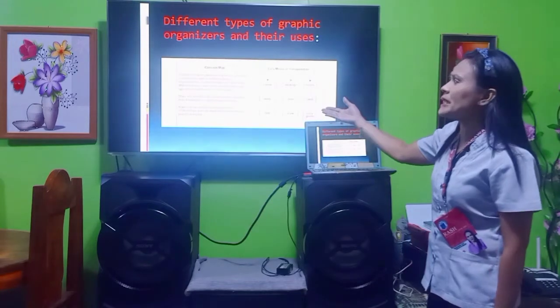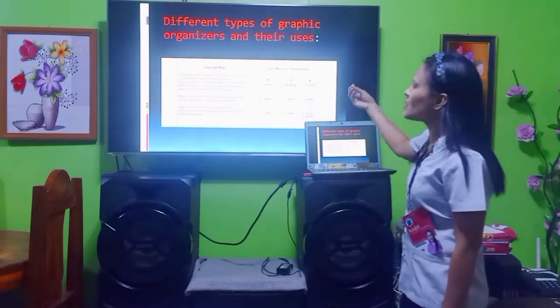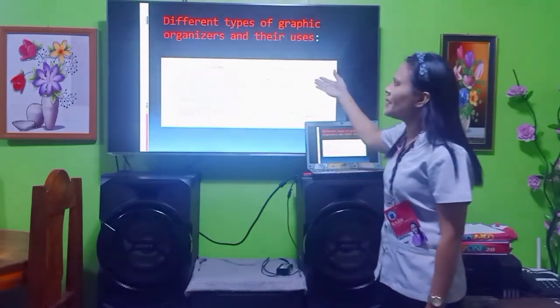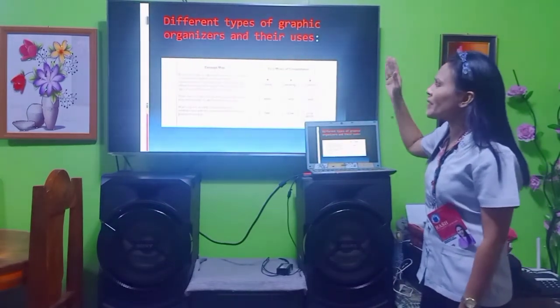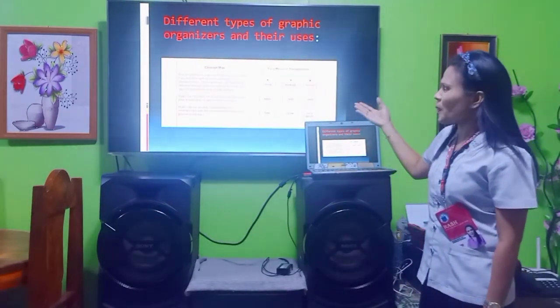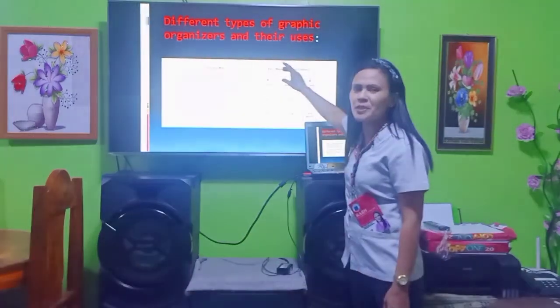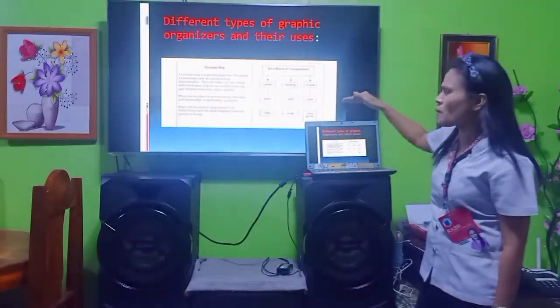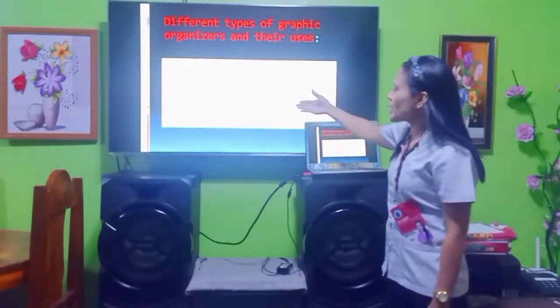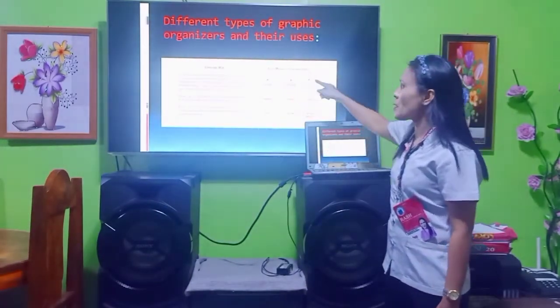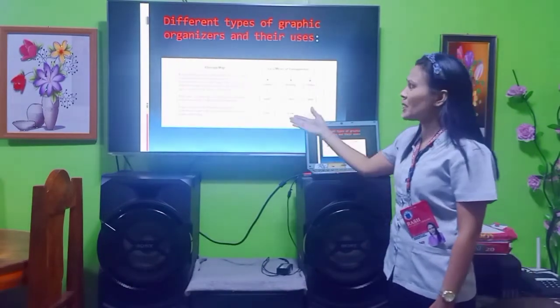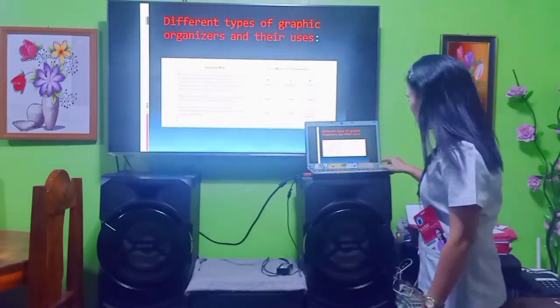So when you look at the concept map here, it illustrates the concepts in the central idea with its corresponding characteristics. So the early means of transportation here is the central idea. The characteristics are being illustrated on the boxes here with the corresponding arrows. So this one is an example of a graphic organizer.